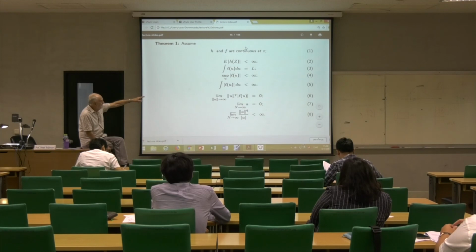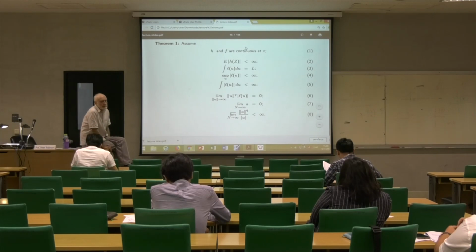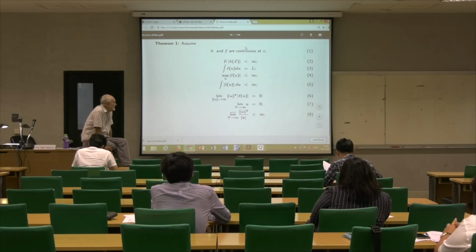Then there's an integrability condition, condition 5. Again, for the kernel density estimate, the kernel would integrate to 1. It's possible that L could be negative somewhere, and we'll come back to that issue. That's why I have an absolute value there. But again, that's quite innocuous.